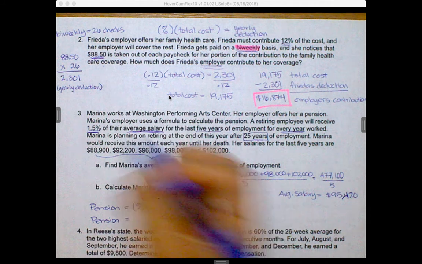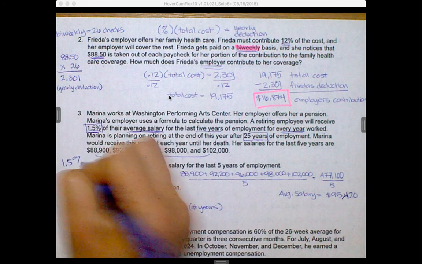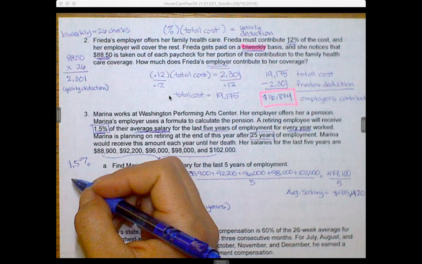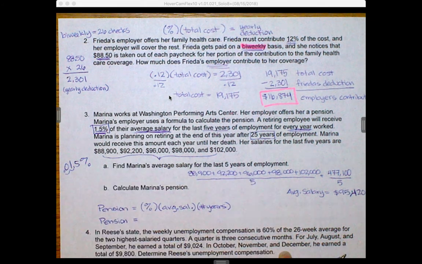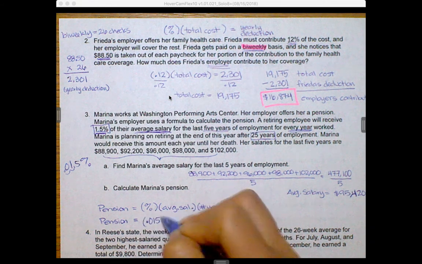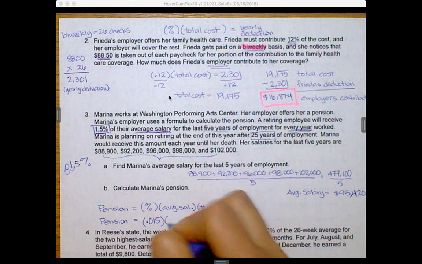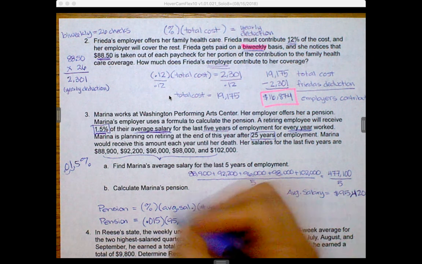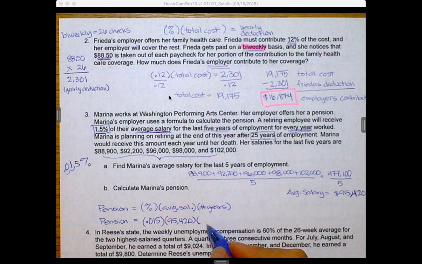is going to be, we want to use this percentage. So it's 1.5%. Remember, it's a percent, so you've got to change it to a decimal, move that twice, add a placeholder. So we're using 0.015 times her average salary. We just found that. Times her number of years of service.